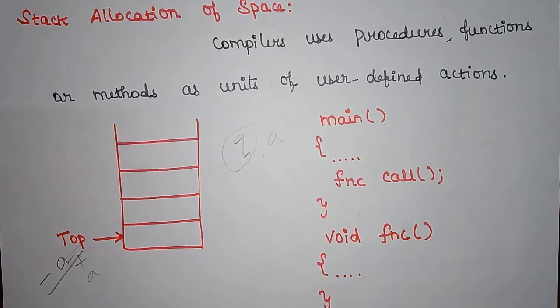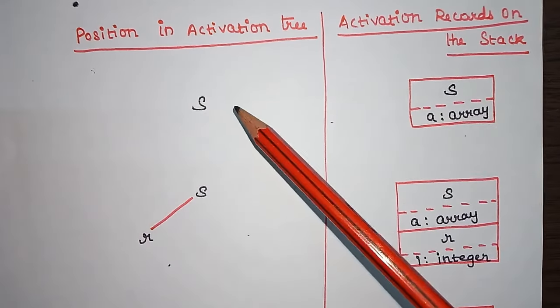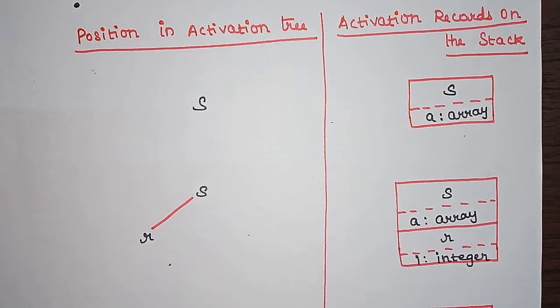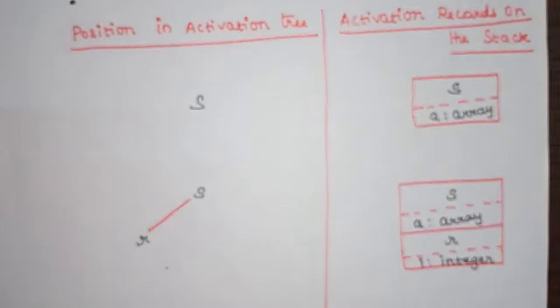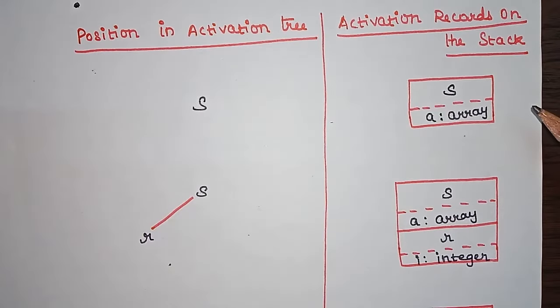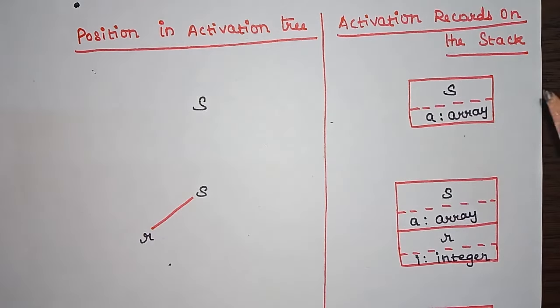Now we'll take one example and see the downward growing stack allocation of activation records. If you look at this example, we have the activation tree on the left hand side. We know what an activation tree is, right? On the right hand side we can see the activation records on the stack, and how an activation record is stored on the stack.